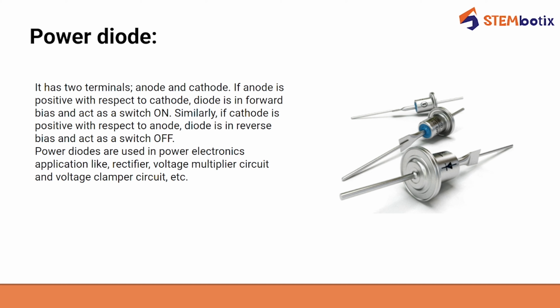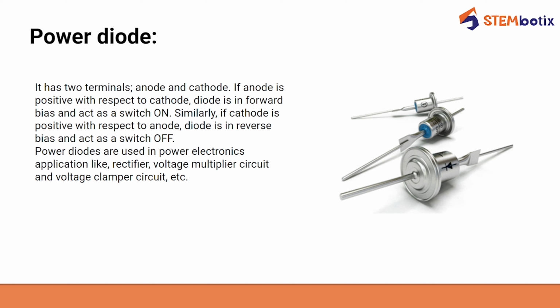So basically, whenever the signal is provided onto anode and cathode, and the anode terminal is more positive than your cathode terminal, then the diode is called in forward bias region, and in forward bias region it will behave as an on switch.